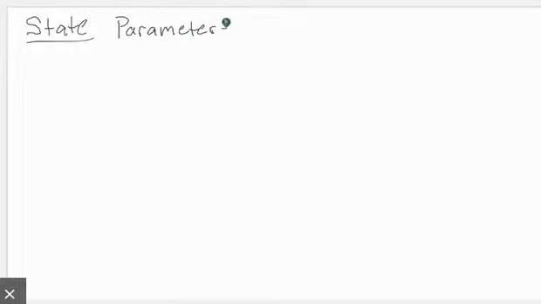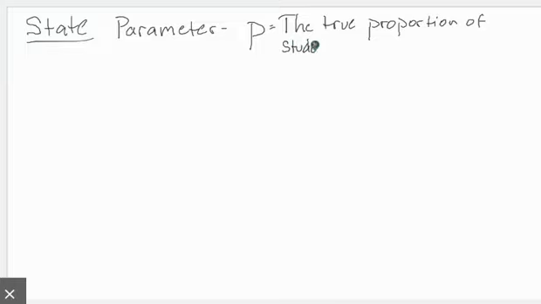The parameter that we are going to be working with is P, not P hat, but P, because it is a population proportion. Our P is going to be the true proportion of students that want to go to the zoo.